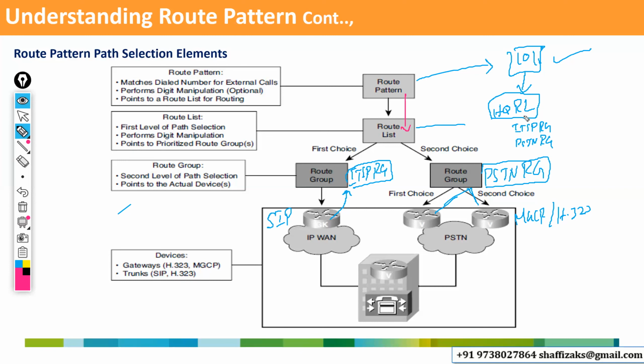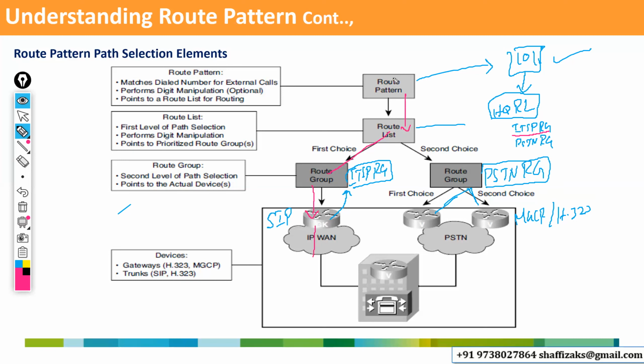Under the headquarter route list, we have 2 route groups. Which is on the top? ITSP route group, so it goes there. Under this route group, how many gateways do we have? Only one gateway. Now this route group sends the call to this gateway, and from the gateway it goes outside. This is how the call flow happens.